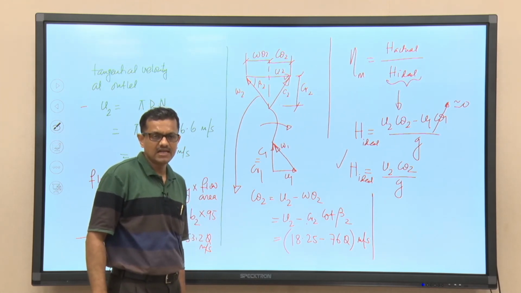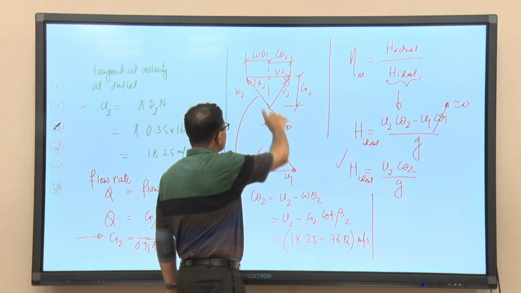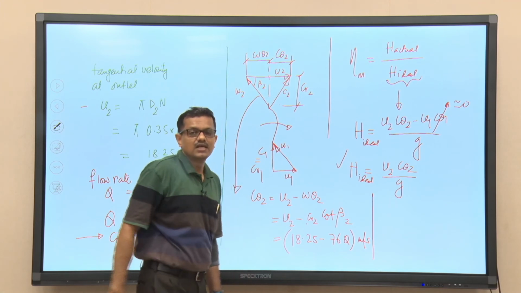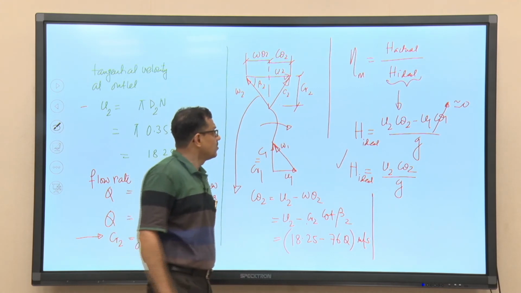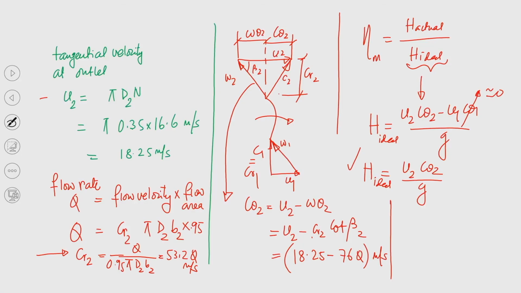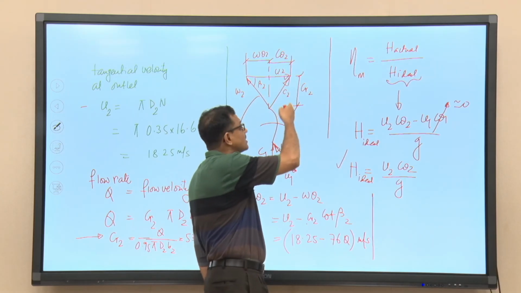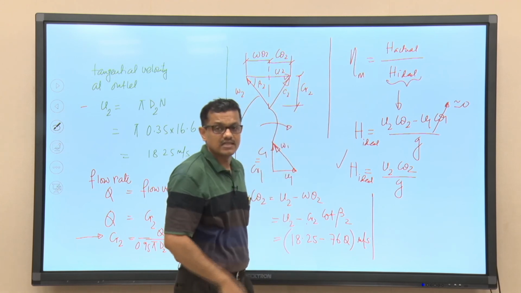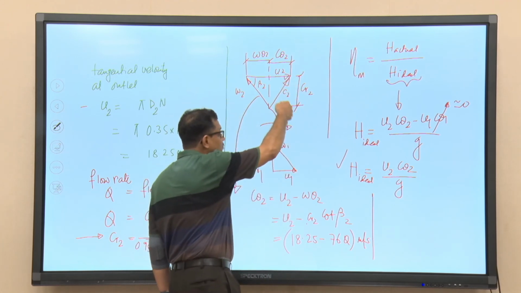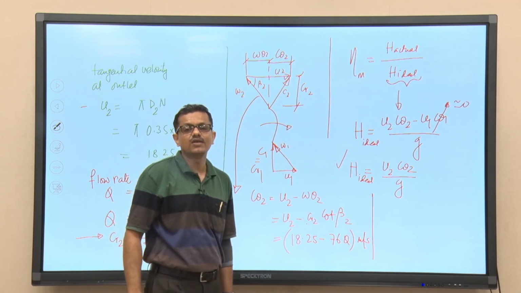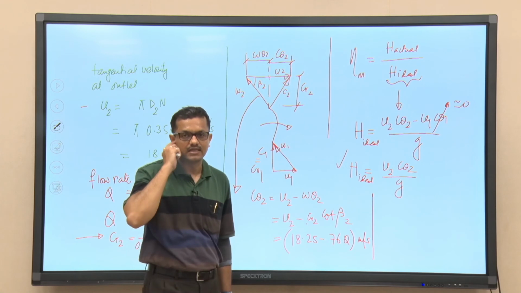We have discussed the contribution of different velocity components in the context of the net head that will be developed by the pump, right. So, the reduction in the relative component of velocity is nothing but the regain of the static head. Now, since the absolute component of velocity of the fluid leaving the impeller has some finite value, it is expected that the kinetic energy corresponding to that velocity will be converted into the pressure head while the liquid is passing through the volute casing, right.